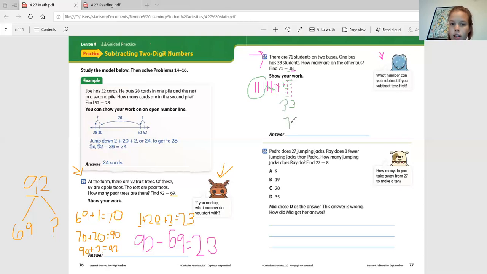So our answer to 71 minus 38 equals 33. And if I wanted to draw my number bond, sorry, I didn't do that at first. You should have caught me and done it yourself. We're going to have 38 and 33.